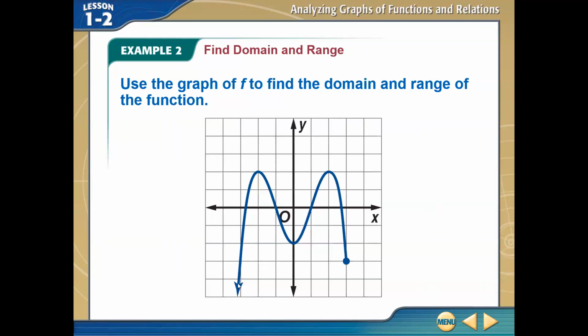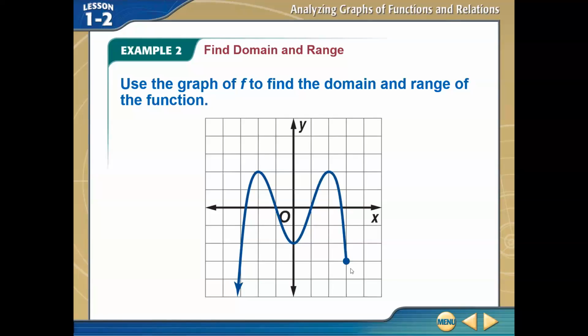And then the next thing we want to pay attention to is what's going on at the end here. You can see on this left side in quadrant 3, we have an arrow that continues to extend down. We have to assume that it continues and never ceases until we hit negative infinity. But if you look at quadrant 4 off to your right-hand side, the graph comes to a blunt stop.